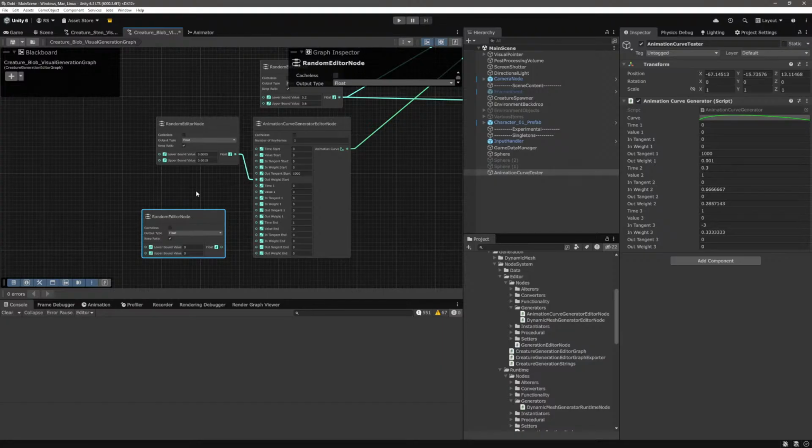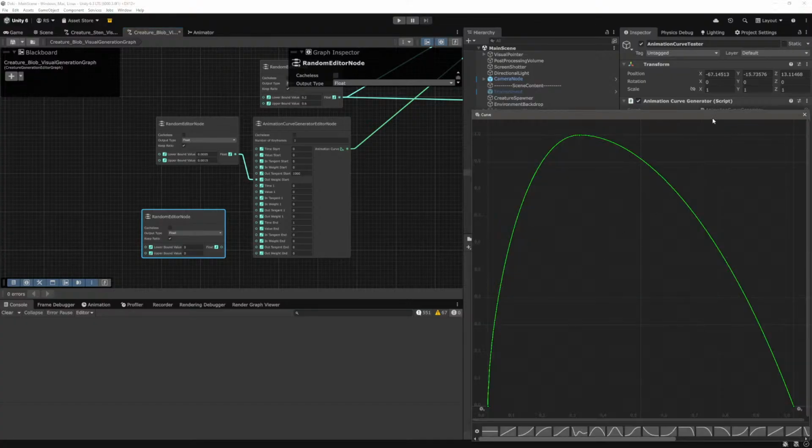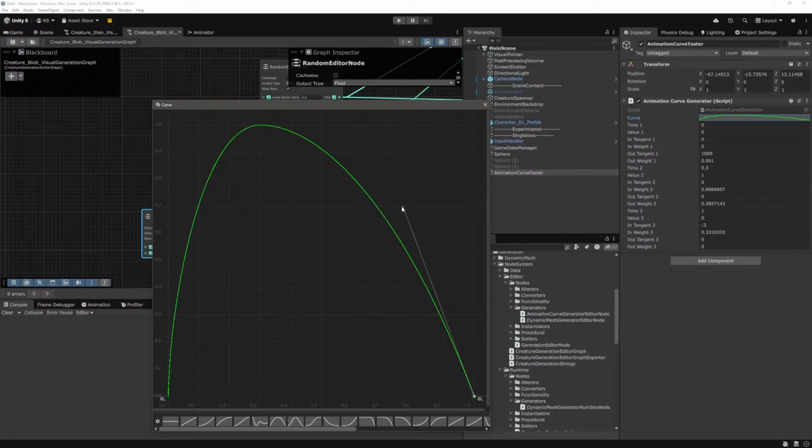What if we define our own structure for representing animation curves during generation? Because I want to randomize this one as an angle. I want to randomize it between 0 and 90 degrees.